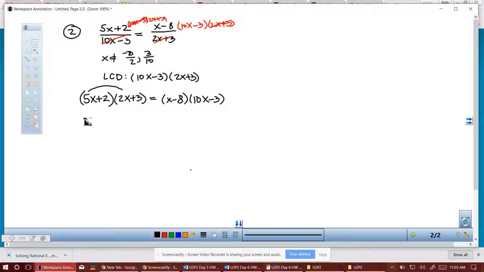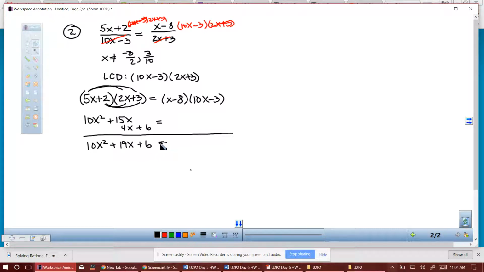Doing my first, I get 10x squared. I do my outside, I get 15x. I do my inside, I get 4x. And I do my last, and I get positive 6. It might look funny the way I wrote it, but I wrote it so it was easy for me to combine the terms. So 10x squared plus 19x plus 6.